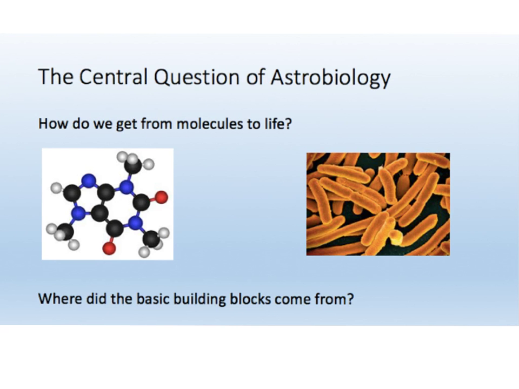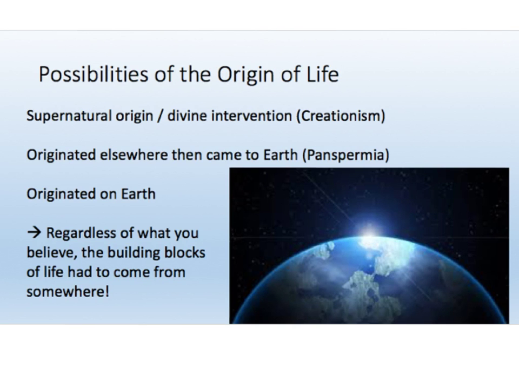And so the central question of astrobiology is, how do we get from these chemicals, carbon, hydrogen, oxygen, nitrogen, phosphorus, and sulfur, to life? And where did these basic building blocks actually come from? So what are some of the possibilities regarding the origin of life on Earth?